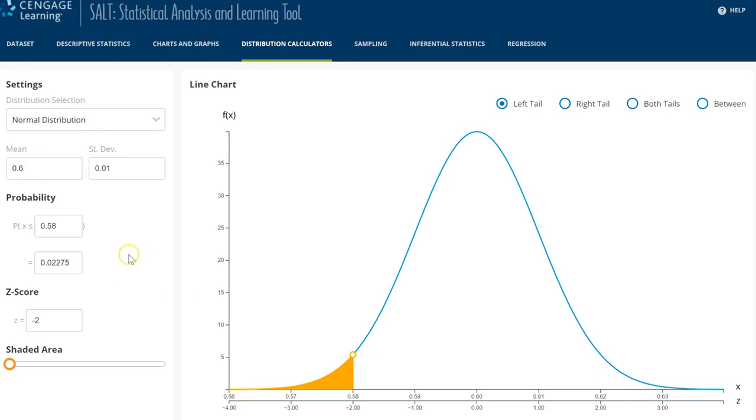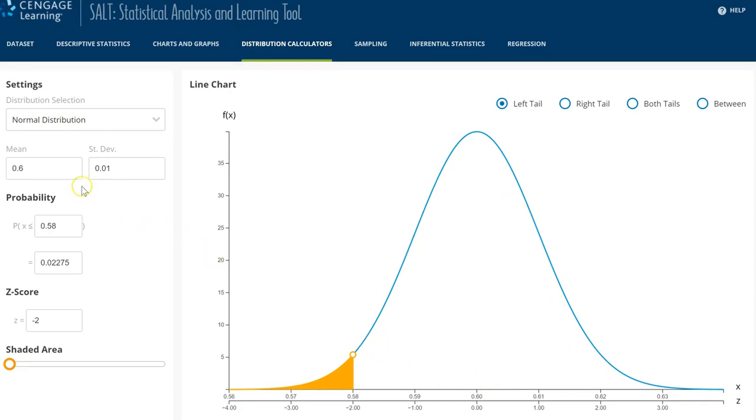So when you say 0.05, you're saying, hey, if I'm only likely to get something that different from the mean 5% of the time, then I'm going to make the assumption that this is incorrect, that the mean is not 0.6. The mean is less than 0.6. I'm going to go with the alternative hypothesis.